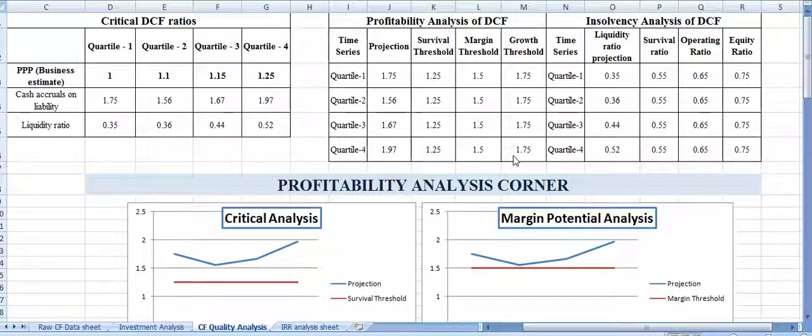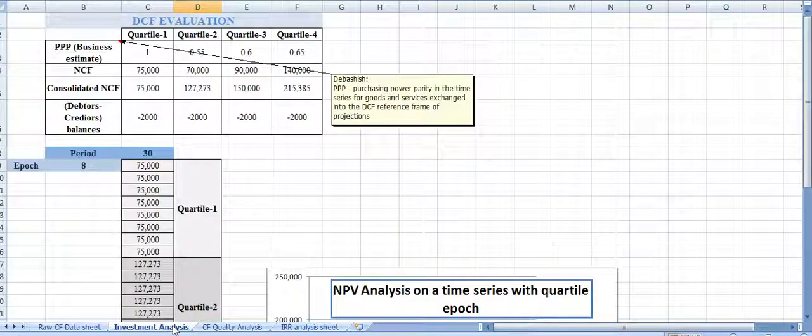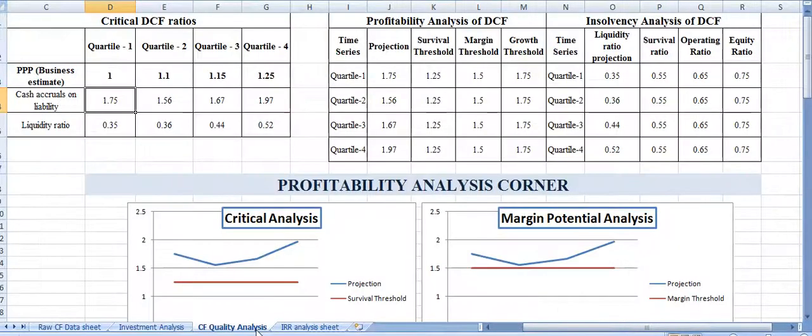Well, friends, having discussed the analysis for the investments in our previous discussions and the quality of discounted cash flows, we're now moving to something more important, fundamentally intuitive for understanding the sustainability of a project.